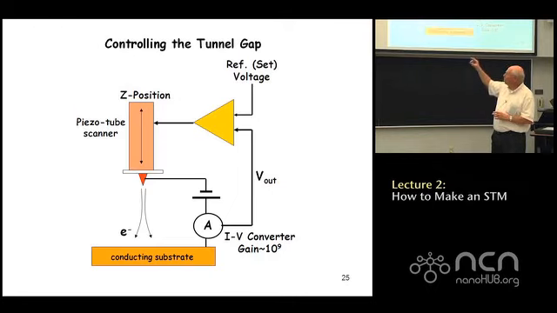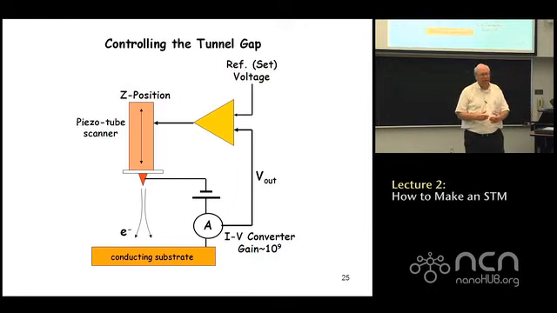Basically, what that operational amplifier does is compare the tunnel current which flows between the tip and the substrate. That tunnel current is converted to a voltage by an I to V converter. The gain of that I to V converter is on the order of 10 to the 9th. So if you get a nanoamp of tunnel current, you typically get a volt out. That's what that 10 to the 9th gain means: 1 nanoamp equals 1 volt.